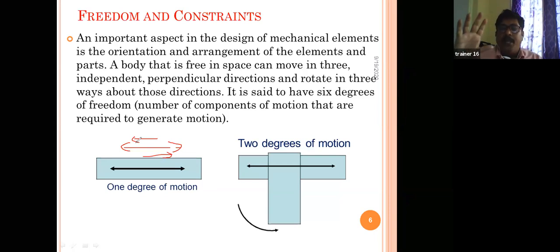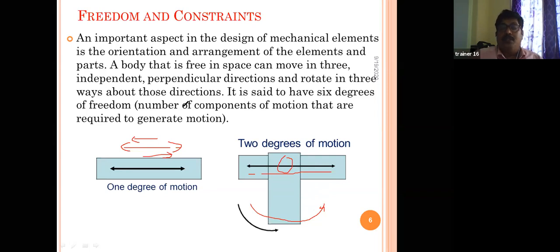For example, my hand can also move rotationally. That means 2 degrees of freedom. This moves linearly, and here the elbow is rotating. This is linear, and this joint is rotational. So 2 degrees of freedom.